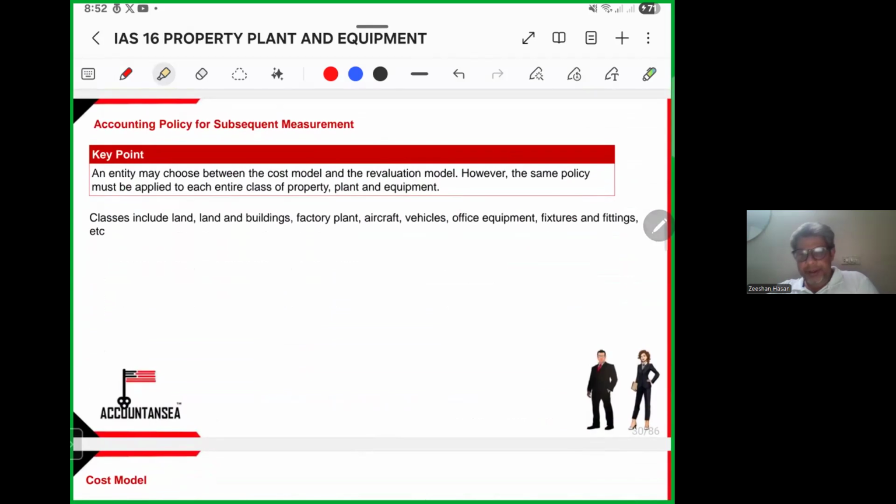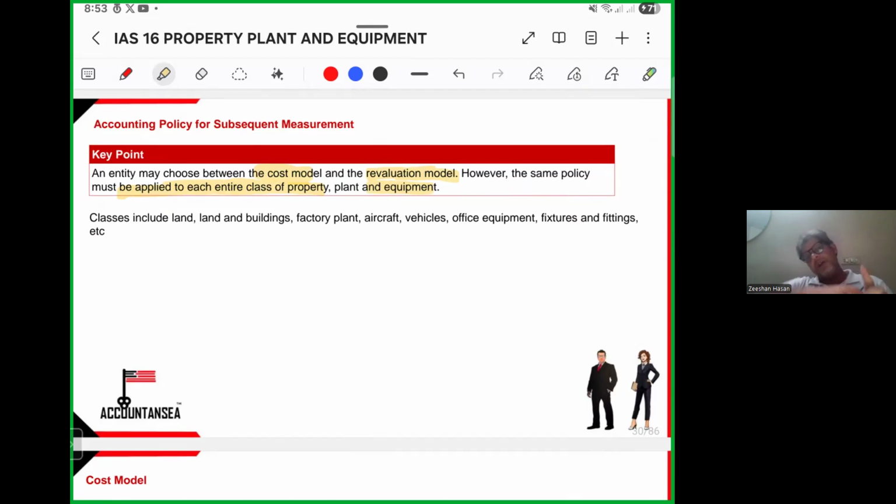Now, accounting policy for subsequent measure. An entity may choose between the two models. We have two models, that is the cost model and the revaluation model. And the same policy must be applied to each entire class of property, plant, and equipment. That means if you choose straight line depreciation for the buildings, you have to apply straight line on the same class.